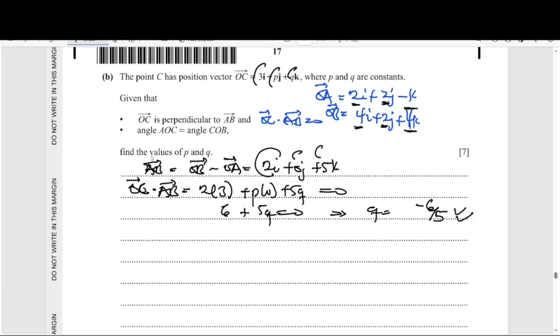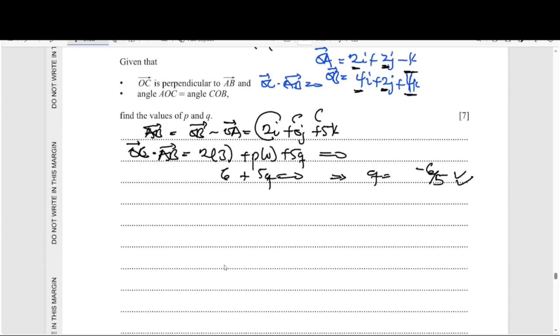Now let's move on to the other information to find the value of p as well. From the second condition, angle AOC is equal to angle COB. So let's let angle AOC be theta.